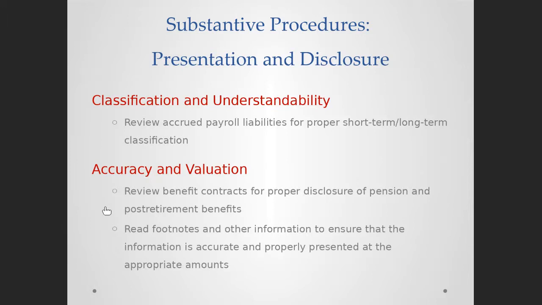So, for example, somebody who's been working for the client for 10 years is scheduled to retire after 10 years, and their life expectancy is another 20 years after they retire. So the client would have to pay them for those 20 years post-retirement. So you have to calculate what is the value of the payment the client would have to pay. So based on that, you have to disclose that.